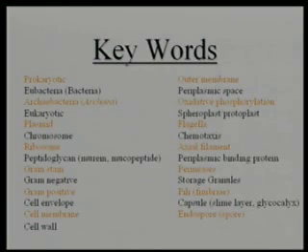Okay, keywords. In each of my lectures, there will be a list of keywords. That doesn't mean it's the only thing you need to know, but at least it focuses on the things that we're going to be covering. We're going to be talking about what bacteria are and how they're different from other cellular forms of life.